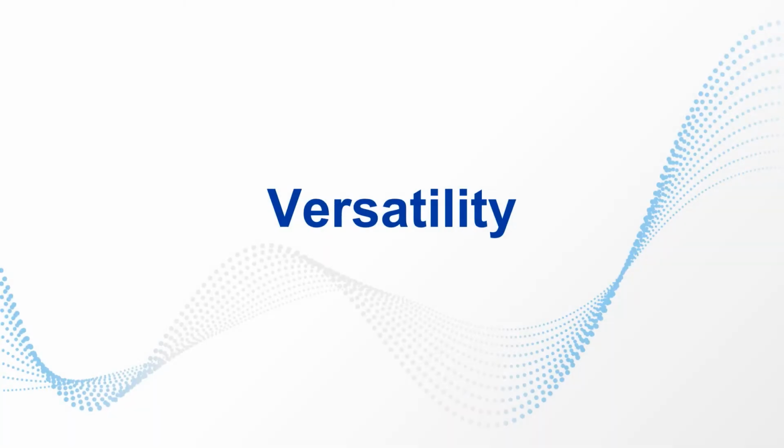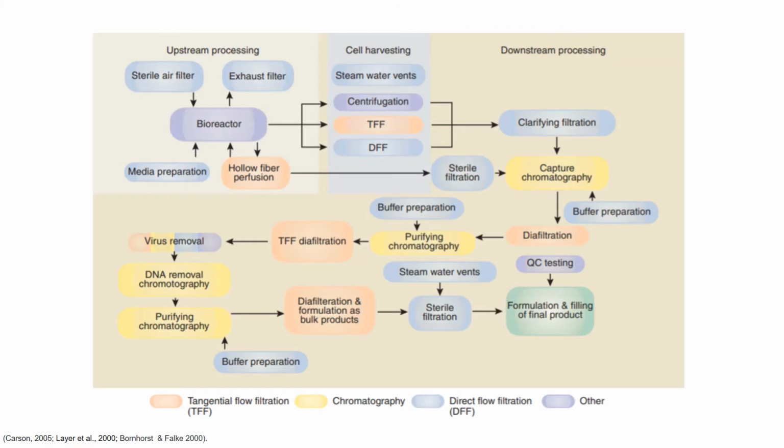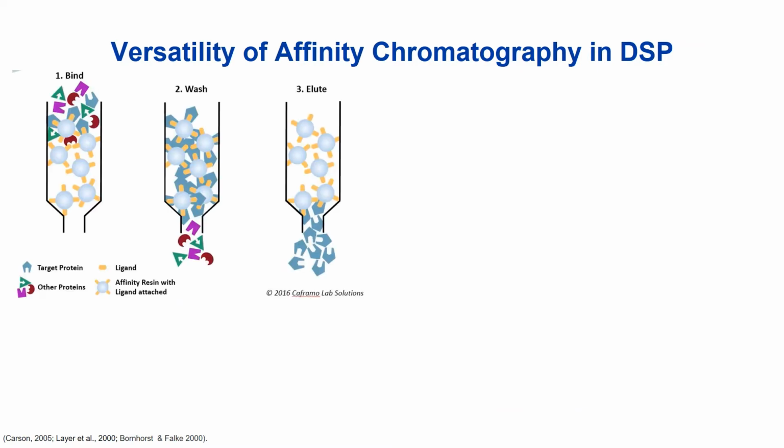Next part is the versatility of affinity chromatography. So affinity chromatography can be used in many different stages in downstream process. These include the capturing steps and polishing steps. So affinity chromatography is mainly used to capture the target molecules from solution of mixtures as seen in this picture.